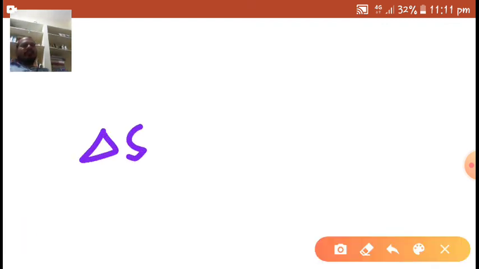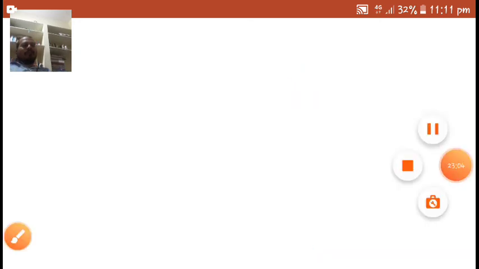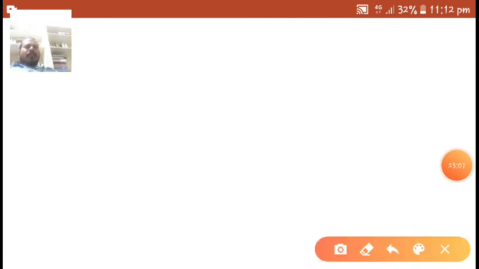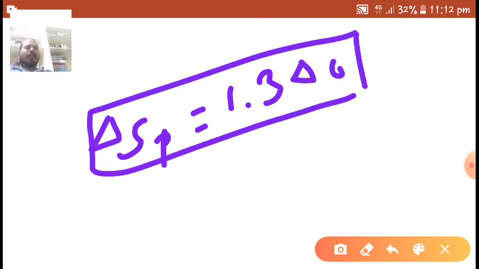There is a relationship between splitting energy of octahedral complexes and splitting energy of square planar complexes, that is delta Sp is equal to 1.3 delta O. So what does it mean?